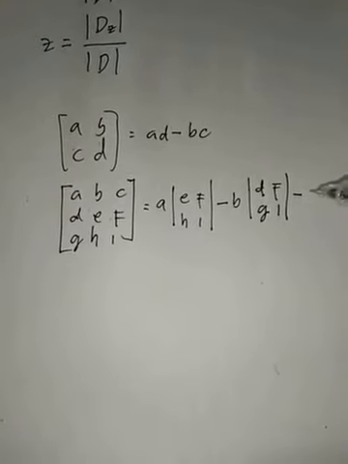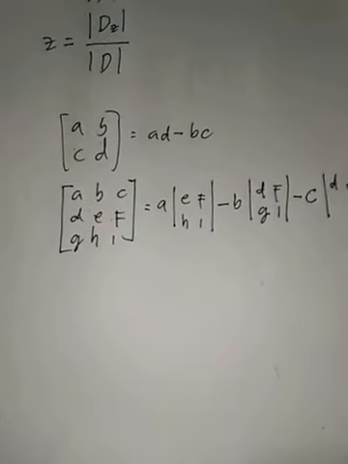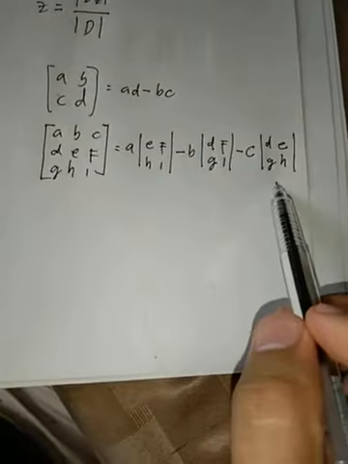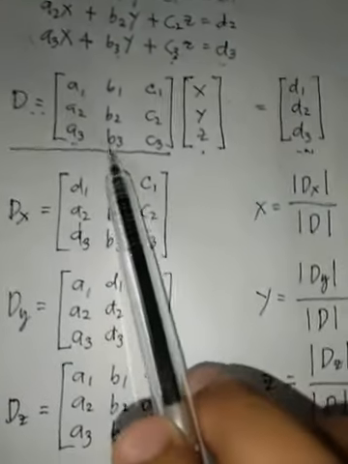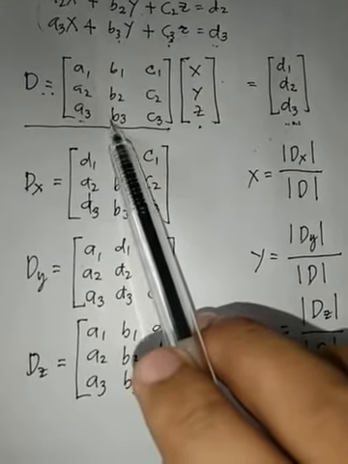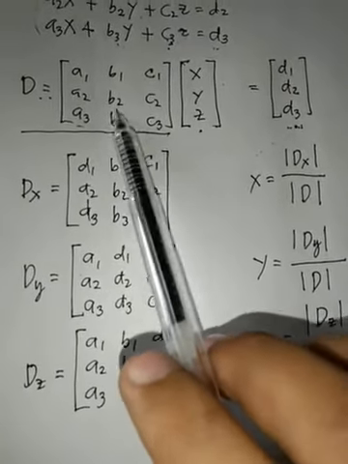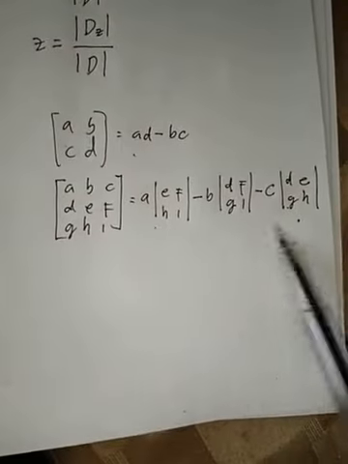Then minus C, remove, leaving D, E, then G and H. So if this is our coefficient matrix, take its determinant this way. This is the procedure or method.